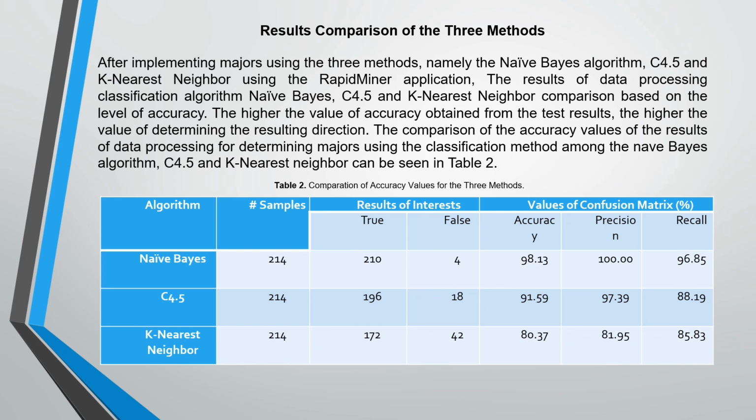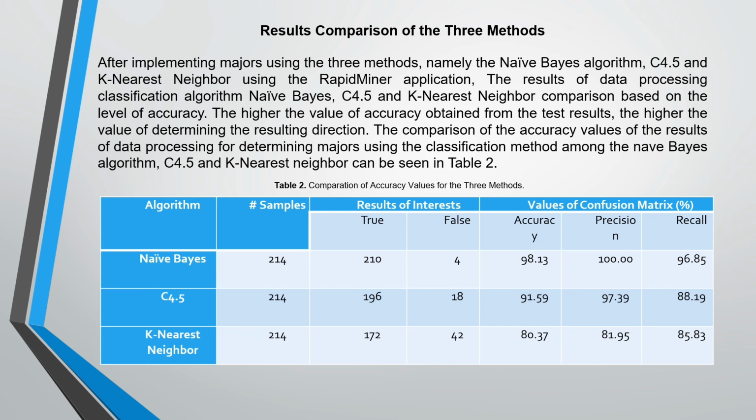After implementing the measures using the three methods, namely the Naive Bayes algorithm, C4.5, and the K-Nearest Neighbor using the RapidMiner application, the result of data processing classification algorithm, Naive Bayes, C4.5, and K-Nearest Neighbor, is compared based on the level of accuracy.